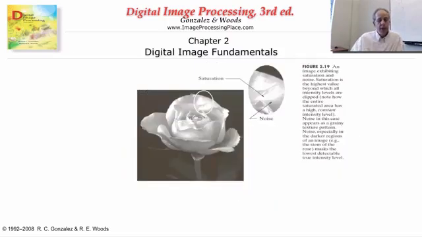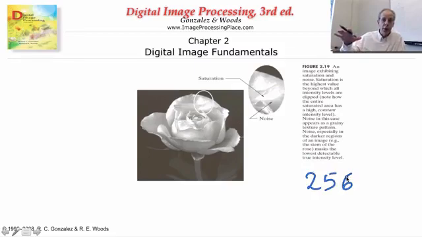Now, one of the things that happens is because you have only 256 different levels that you can use, sometimes your image is too bright and you might not be able to represent the small variations in brightness there. Remember, the human visual system can basically adapt to multiple levels of brightness, but not all of them at the same time.